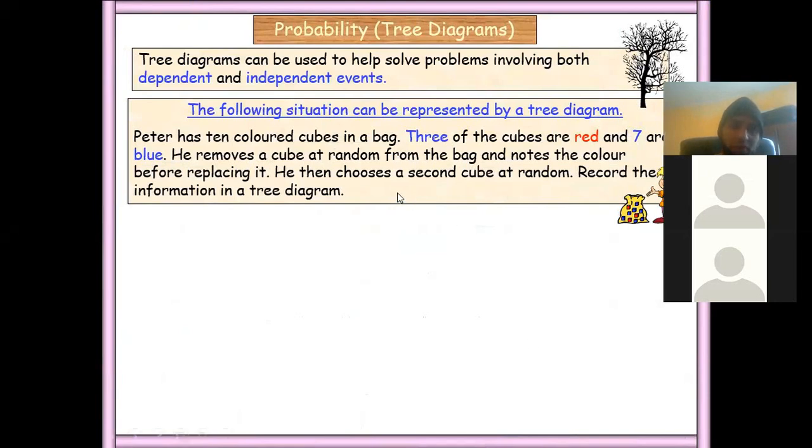Read what the PowerPoint says from the top. It will help you. If you have any questions on what any of it means, just ask. After you finish your tree diagram, tell me, and we'll go through it.